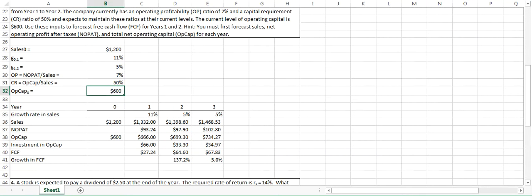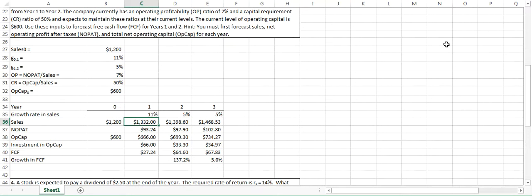So let's put together a forecasting chart. We'll put the years across the top. Then we have our growth rate in sales, our NOPAT, operating capital, investment in operating capital, and we'll use that information to calculate our free cash flows and our growth in free cash flows. So you remember it's 11% for year 1, 5% growth rate, and then 5% thereafter. So let's calculate our sales for year 1.